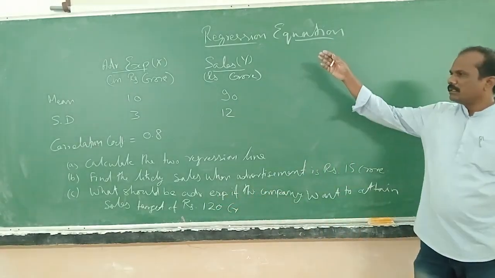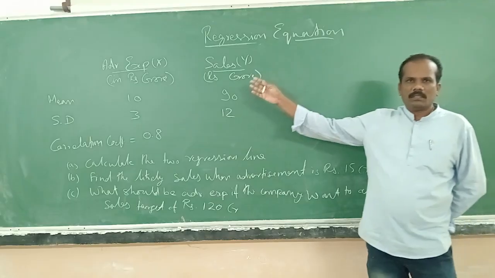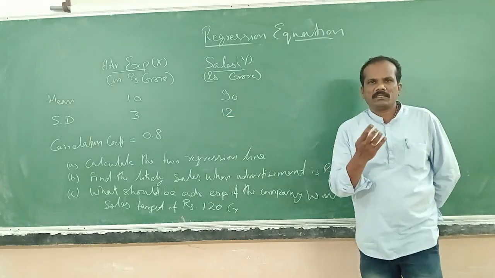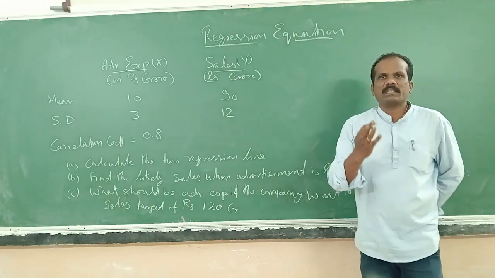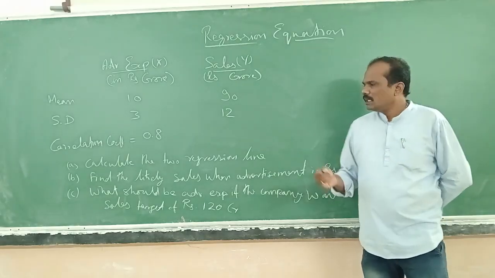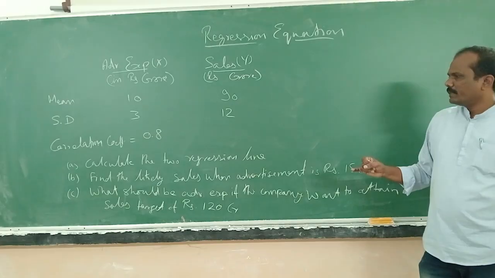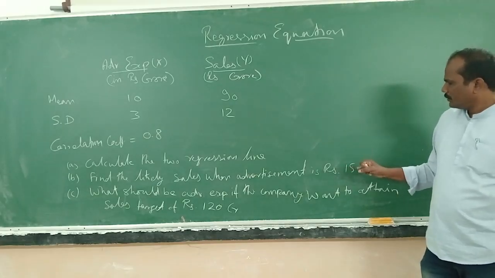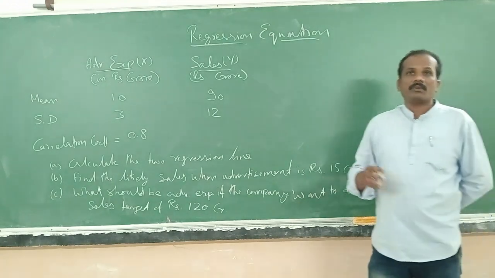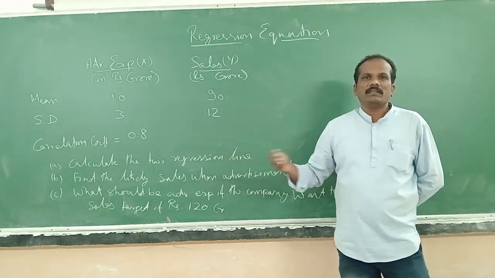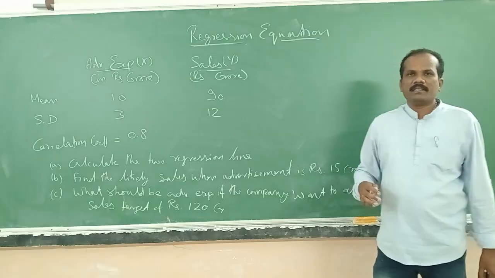So with the given data, we have raised three questions. One is to calculate the regression lines. The second is, when the advertisement expenditure is rupees 15 crores, what will be the x value and what will be the y value in these regression equations.